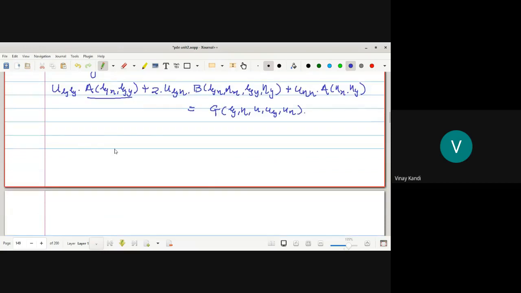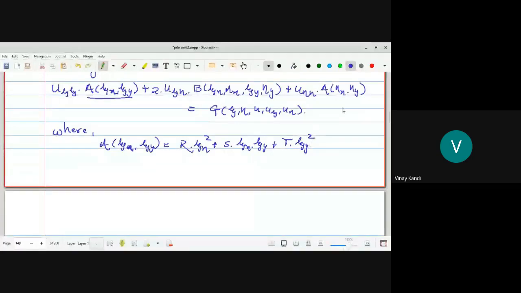Where A of psi x and psi y is R into psi x square plus S into psi x psi y plus T into psi y square.